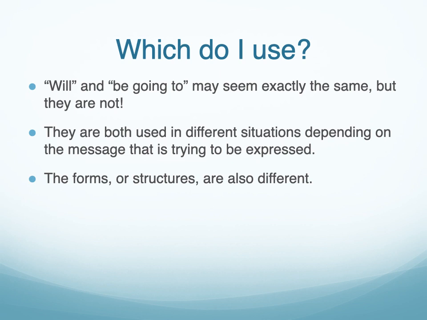So depending on what you're saying, you might use will or you might use be going to. So we're going to look at when should we use which one. And also the forms or the structures are also different. So how we write sentences using these two is going to change a little bit. So we'll take a look at all of that in this presentation.